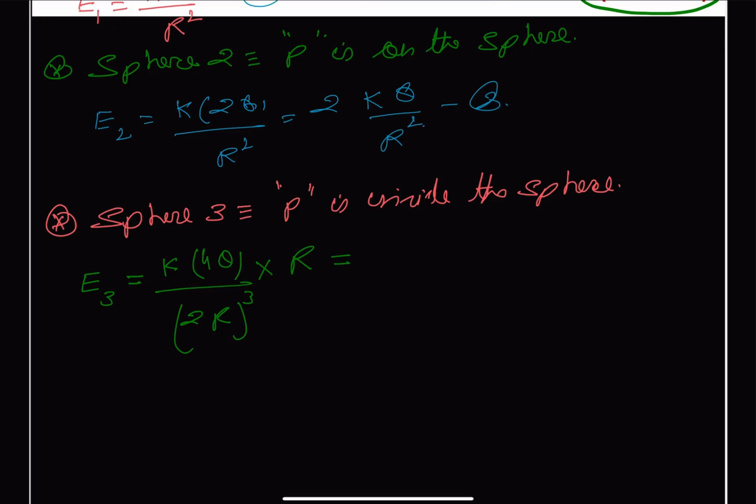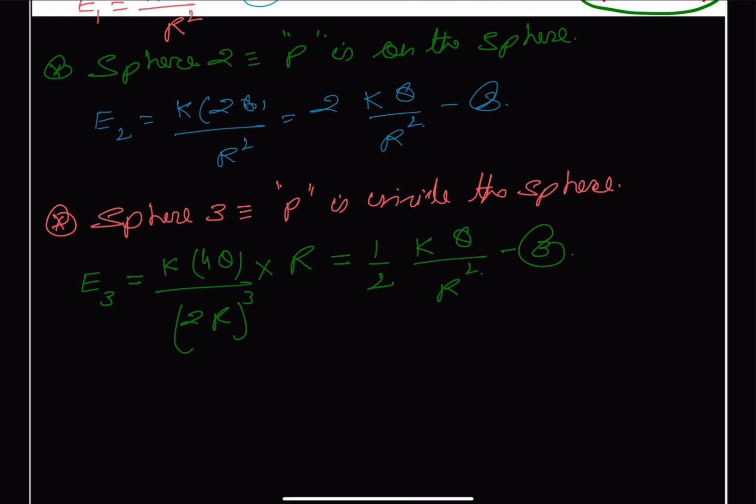So this comes as 8, 8 goes by 4 as 2. So this comes as 1 by 2 KQ upon R square. So this is our equation number 3.